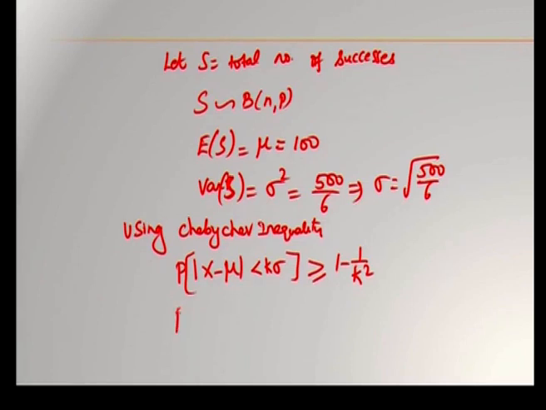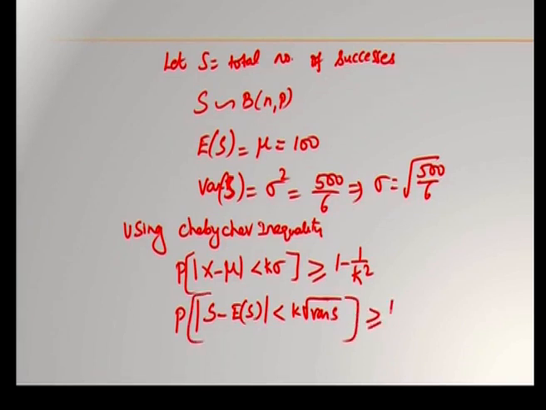Okay. So, that is P of modulus of S minus E of S is less than k into root of variance of S is greater than or equal to 1 minus 1 by k square.